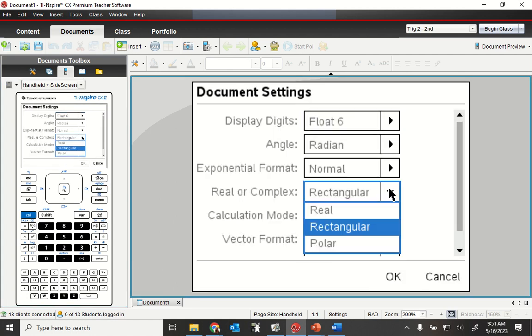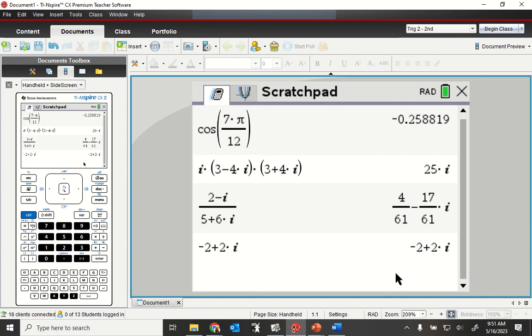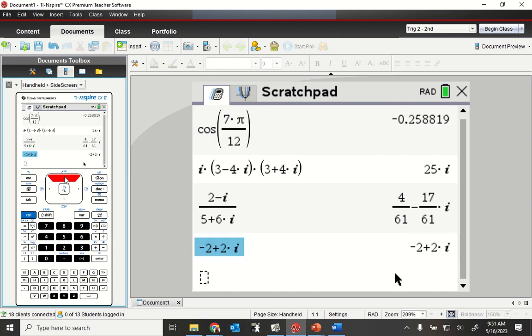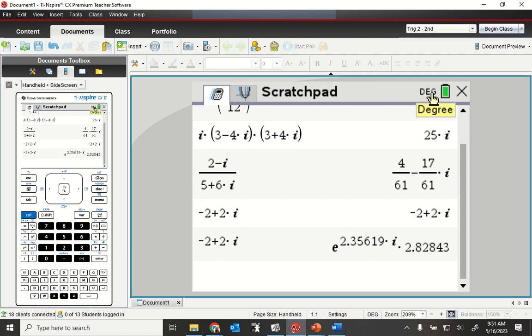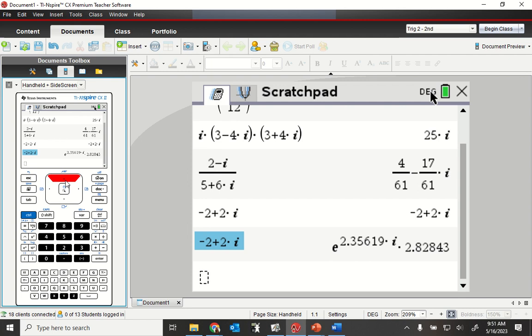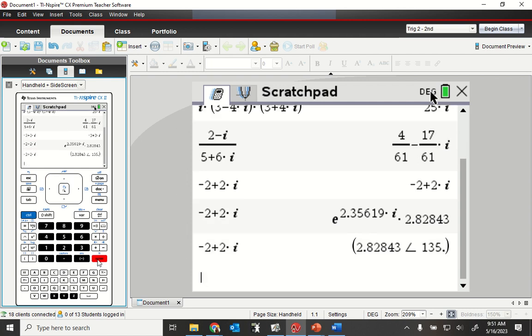And I don't want rectangular now. I want polar. And I just hit arrow up. Enter. Oh. Degree. There you go. So my R is going to be 2.8, cosine I sine of 135.